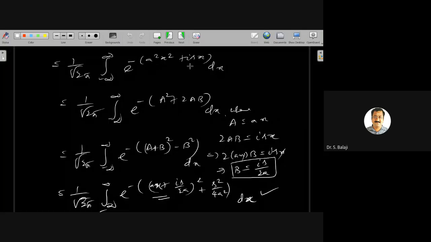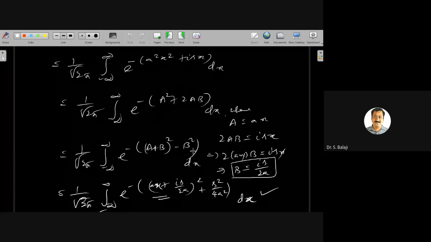Now, for our convenience, in the next line we write 1 by root of 2 pi integral from minus infinity to infinity. This a square plus 2ab can be written in simplified form as a plus b whole square minus b square. As one extra b square is present, you remove it by subtracting b square.